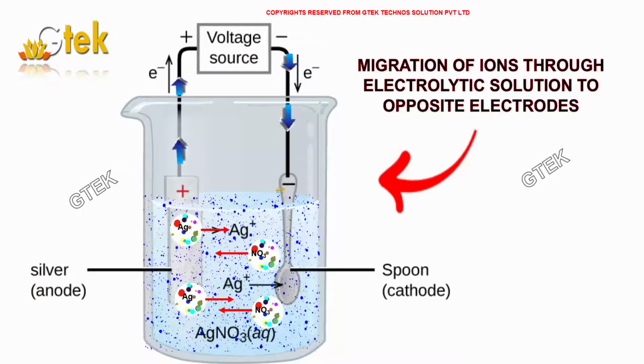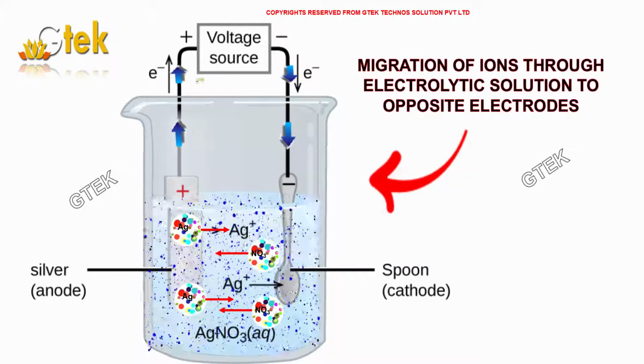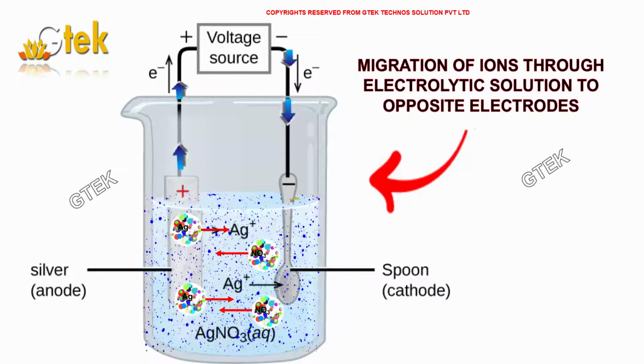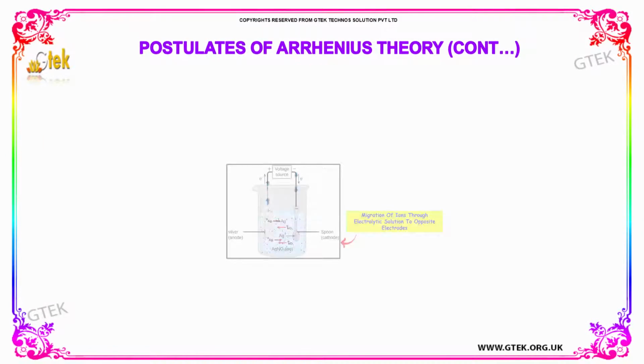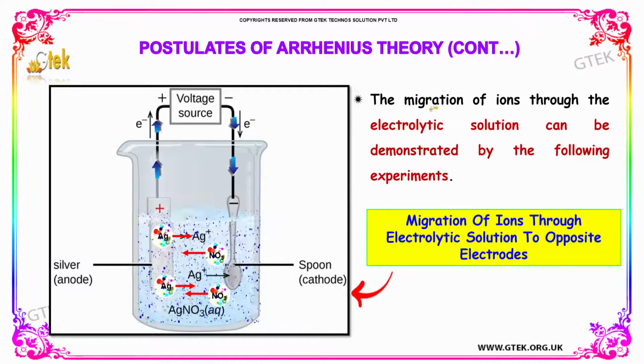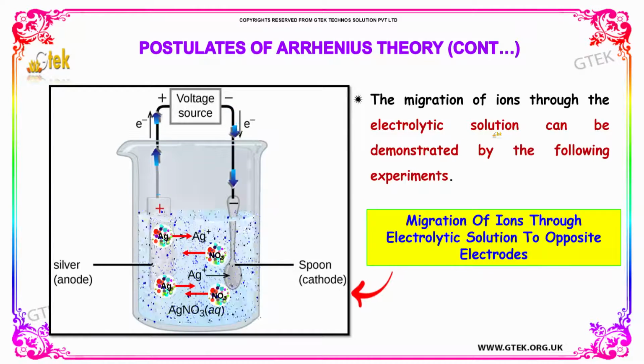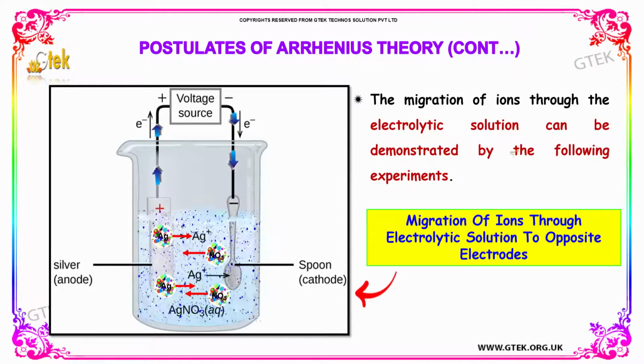So let's think about the migration of ions through the electrolytic solution to opposite electrodes. The migration of ions through the electrolytic solution can be demonstrated by the following experiments.